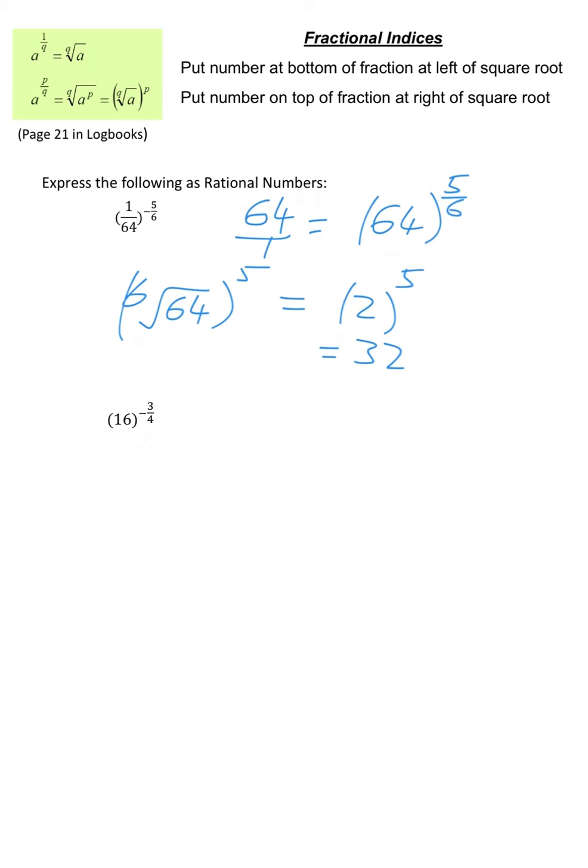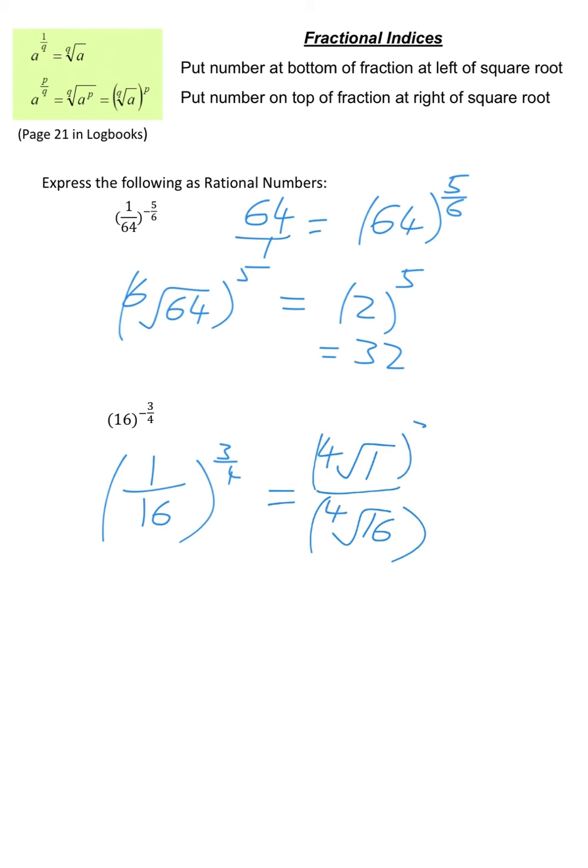Now for the next one, we have 16 to the power of minus 3 over 4. So for 16, that'll have to be written as 1 over 16. Now we're going to change that power to positive, so to the power of 3 over 4. Now, we can do this separately, so finding the fourth root of 1 and the fourth root of 16, then each to the power of 3.